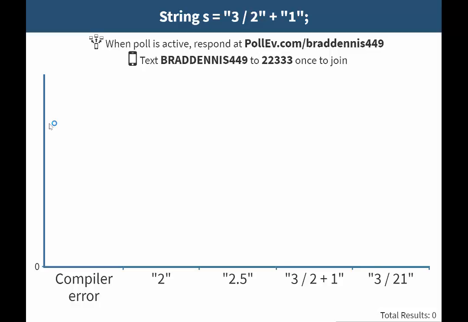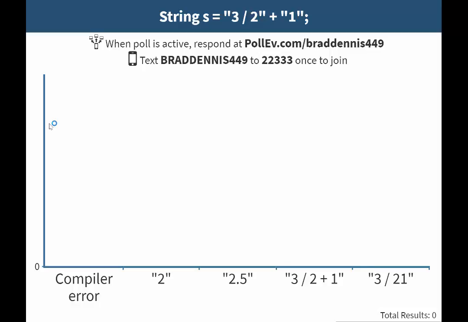Raise your hand if you think this will be the string 2.5. Raise your hand if you think this will be the string 3 divided by 2 plus 1. Raise your hand if you think it would be 3 divided by 2, 1.